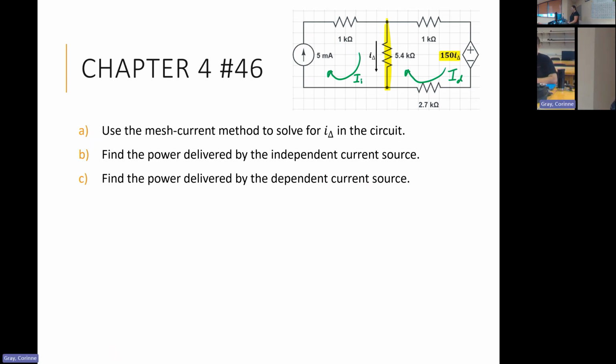All right, if we're looking at the current I1, this might not be the best name for it, because when I'm going through and doing this, I'm treating this whole thing here as if it's the same current. So it's not just the 5 milliamps. I also have this I delta I have to consider. I'll write it out, and then we can establish what we want to do.